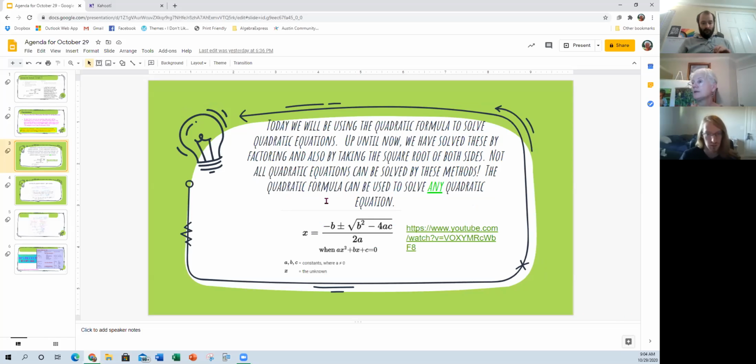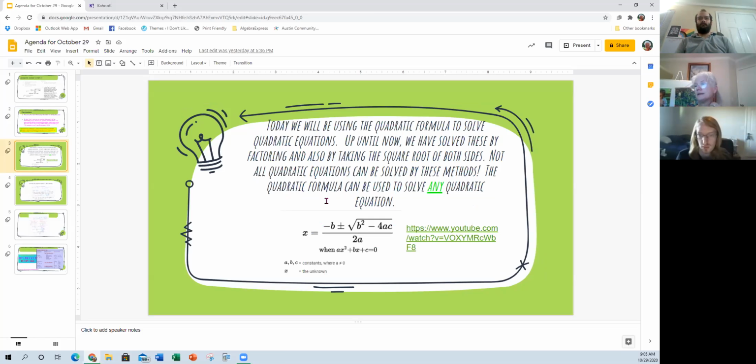So today we're going to be using the quadratic formula to solve quadratic equations. Up till now, we've been solving by using factoring and also taking the square root of both sides. And there's also the other method that Matt showed you, but we didn't really use, which was completing the square. You can also use a calculator to solve quadratics.